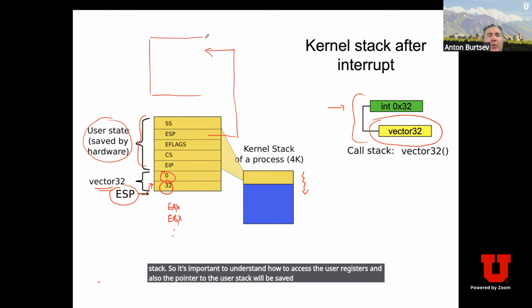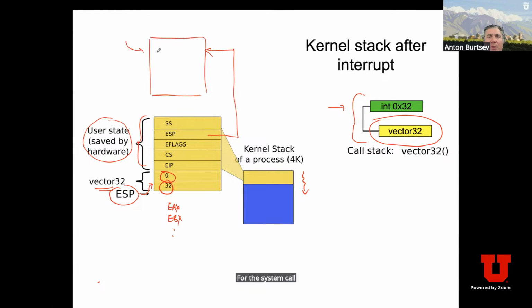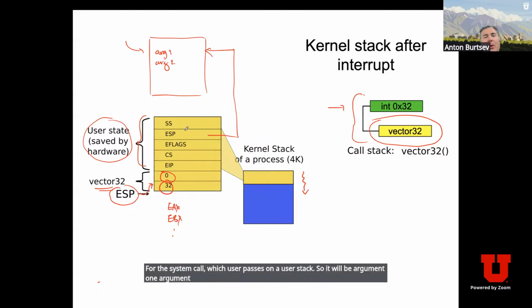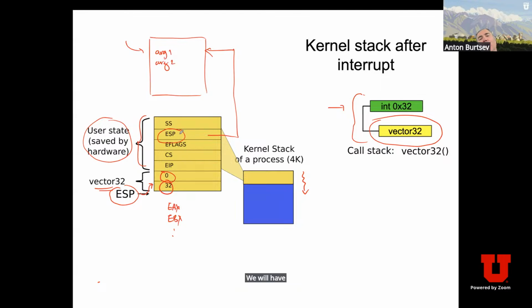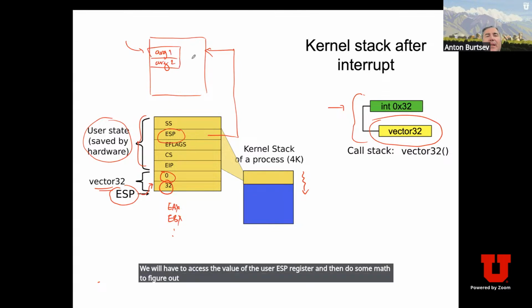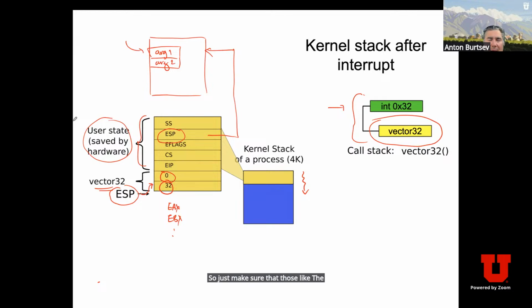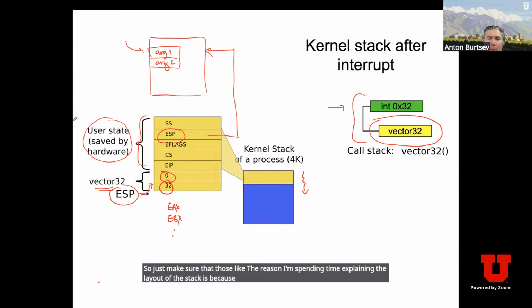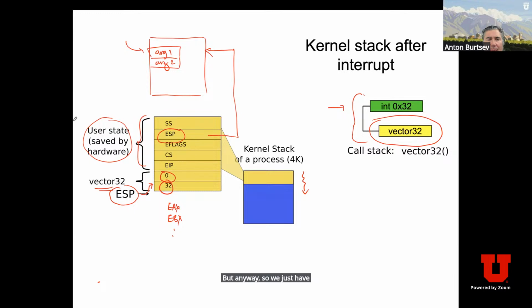And later on, in order to access the arguments for the system call, which the user passes on the user stack, so it will be argument 1, argument 2, and so on, we will have to access the value of the user ESP register and then do some math to figure out, relative to this ESP, where the other arguments are. The reason I'm spending time explaining the layout of the stack is because it will become important later. But anyway, we just have these 7 values on the stack now, right?